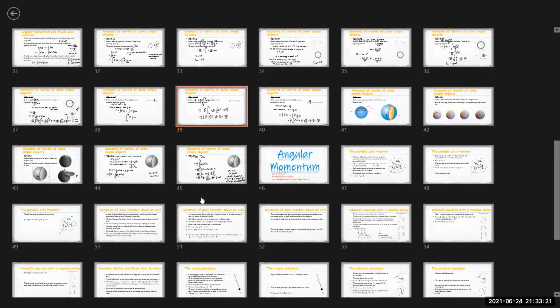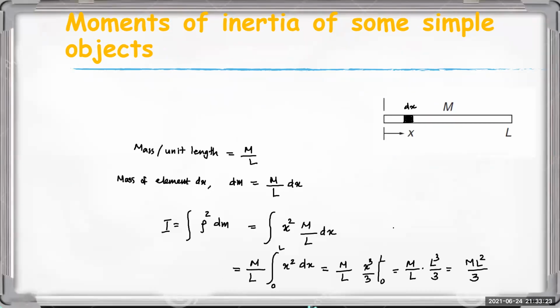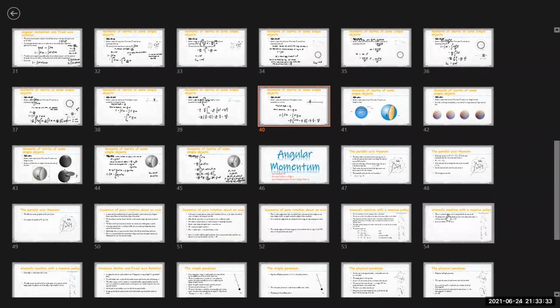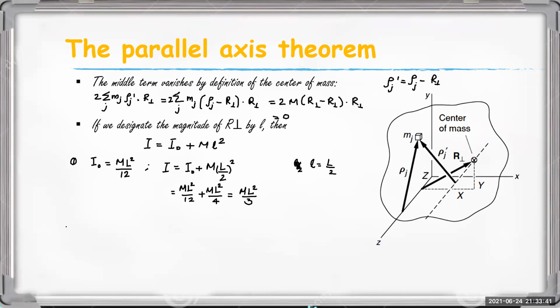Okay, and about one edge it is obtained as m l square by 3. Okay, so using that theorem we can find the moment of inertia of bodies with different axes.